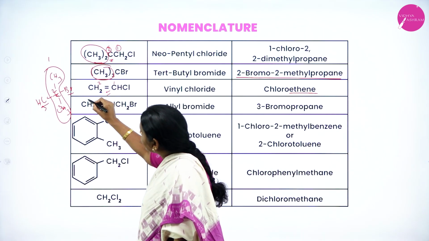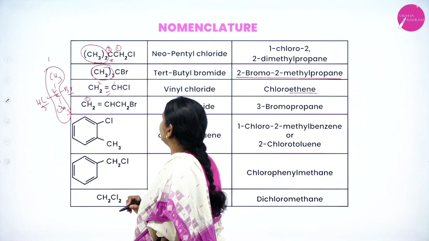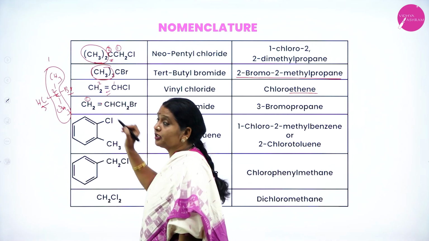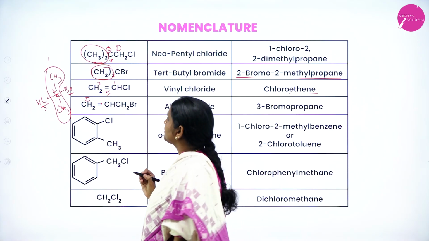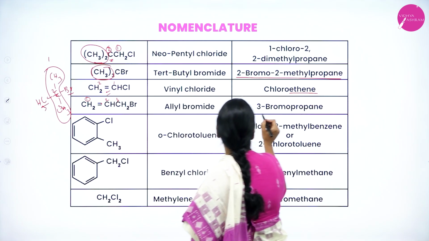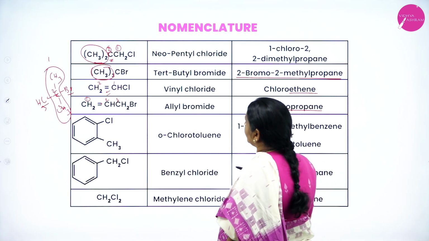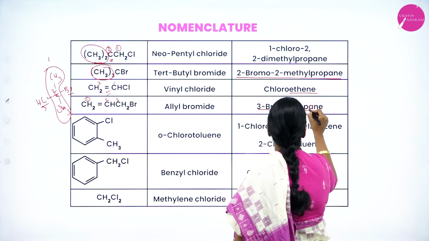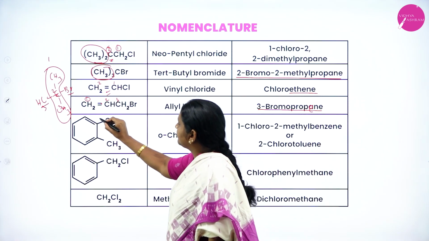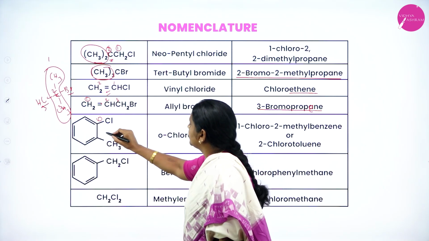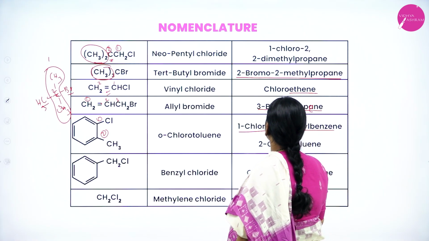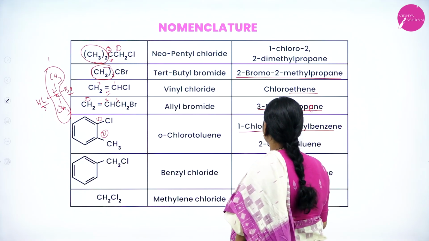Now here I will give first position to this carbon, not to that carbon. First priority must be given to the double bond. Second carbon, third carbon: 3-bromopropene. It's not propane. If I put first position, it is 1-chloro-2-methylbenzene.